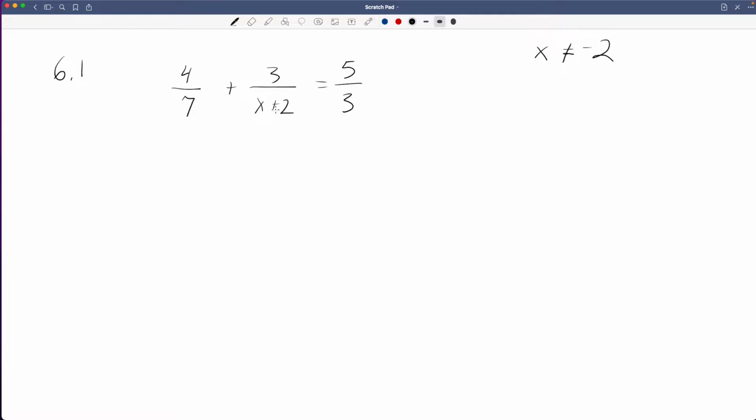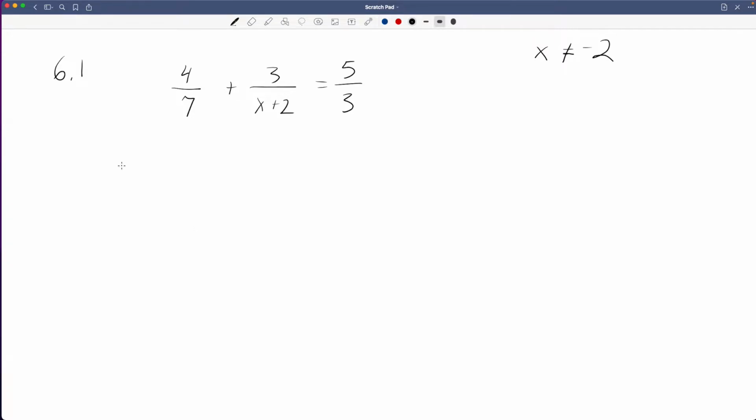So let's find a common denominator of all of these. We see that we have a prime number here and a prime number here and x plus 2. We don't know what x plus 2 is, but we do know that 7 times 3 is 21. So we're going to multiply everything times 21 times x plus 2.